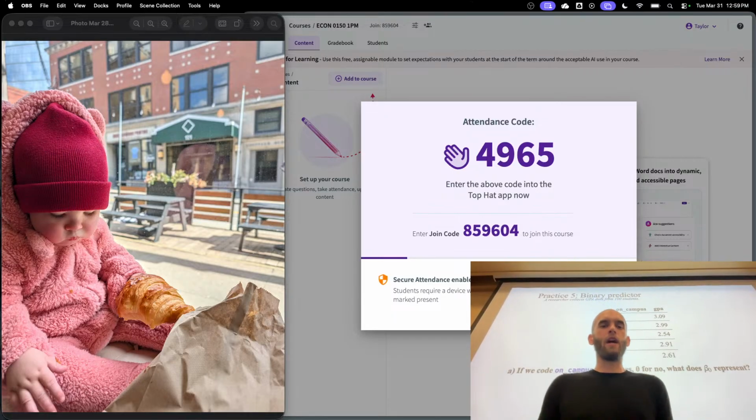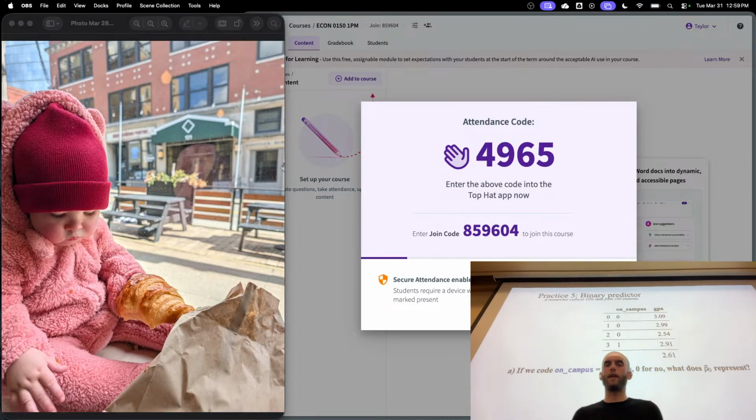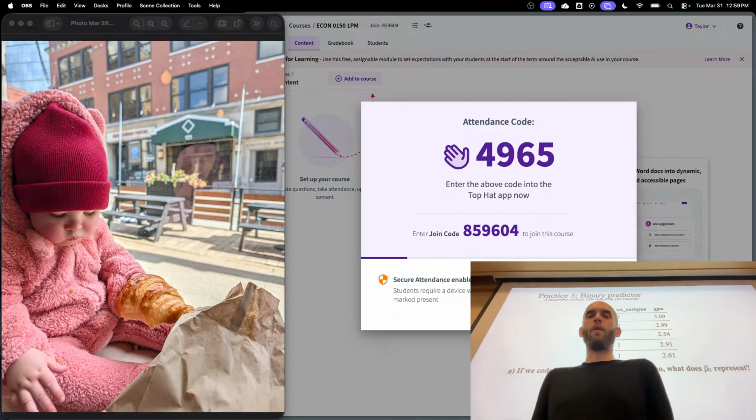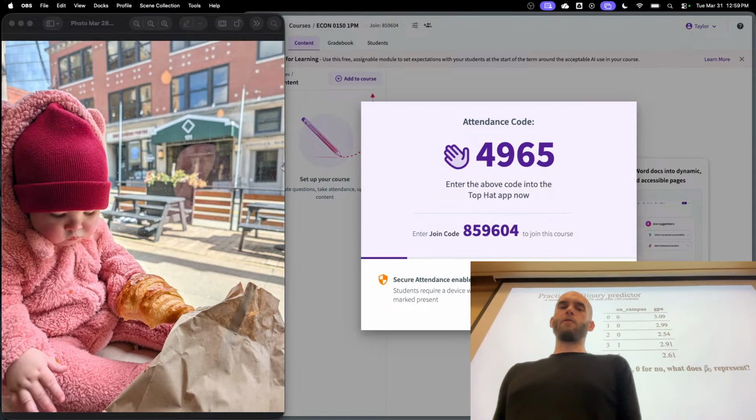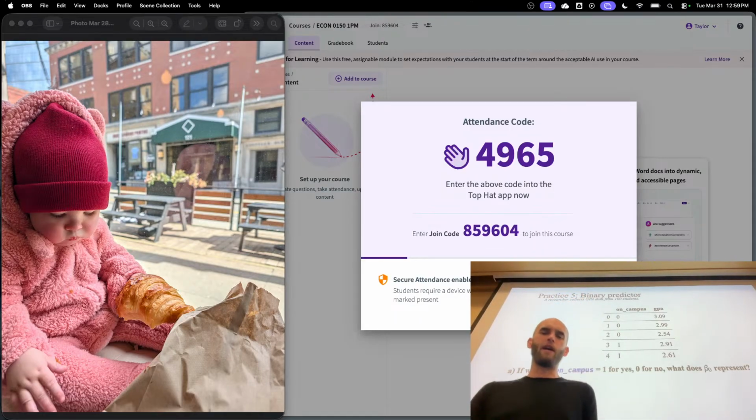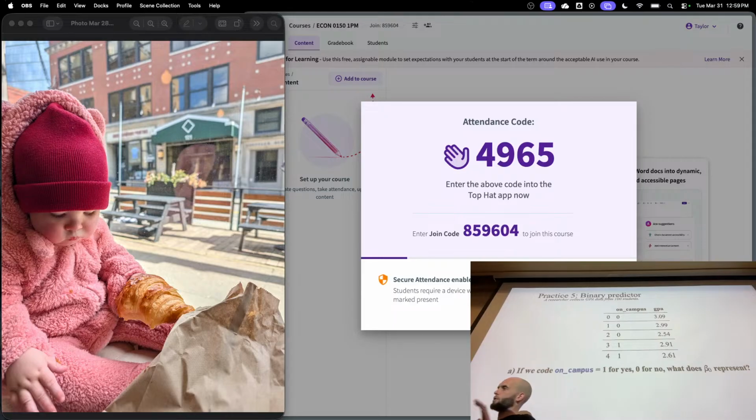So first question, if we code on campus as 1 for yes and 0 for no, what is beta 0 representing? So we'll take maybe 30 seconds here. This is similar to questions we've covered before.